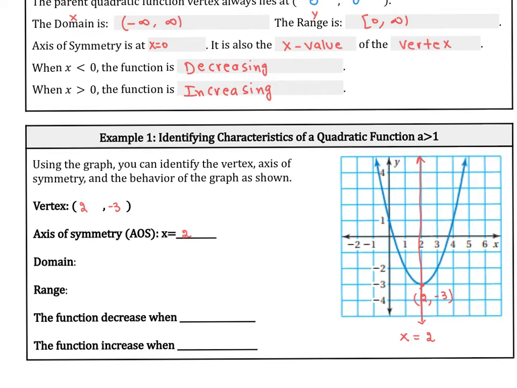When you talk about domain, you need to know where the graph is going from left to right. In this case, this arrow means it is going left and up. So left means that x is negative infinity. Up means that y is approaching infinity.